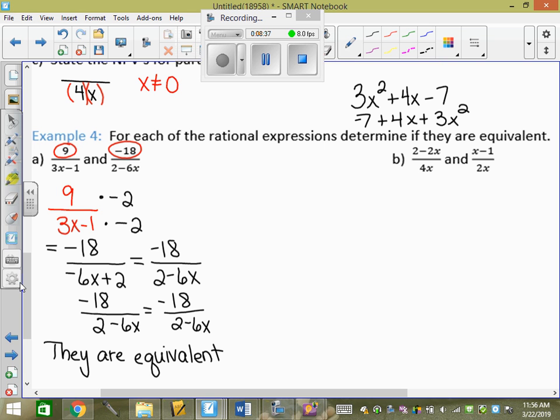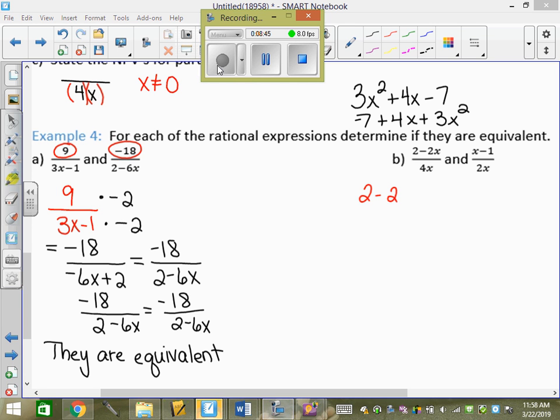You try B. So I'm going to change the first one: 2 minus 2x over 4x. I want to get 4x to be 2x. So what do I have to do? Divide by 2.